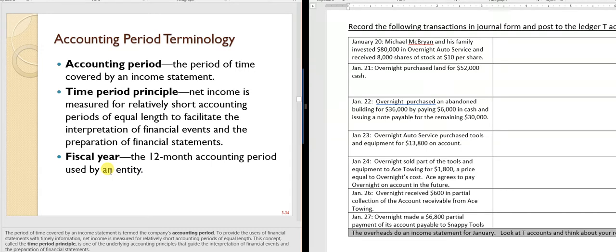Similarly, you also pick it when you're least busy. Stores that sell throughout the Christmas season probably don't have December 31st year ends because they're so busy right then, so they would postpone it to January or February because that would be their business cycle.